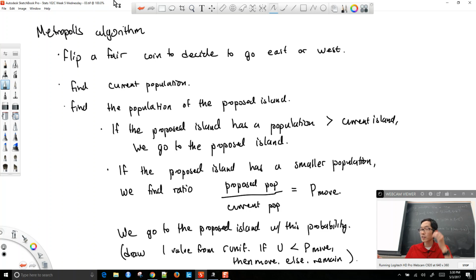So we come up with this ratio, proposed versus current, and then we go with that probability. If the proposed island has a population that's 3/4 of the current population, then we go with probability 0.75.